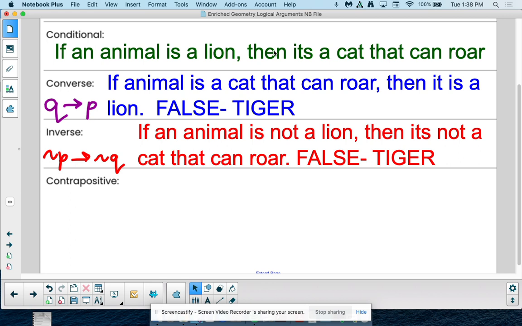Okay, last one for today. What's our contrapositive? Before that, what's our symbols?